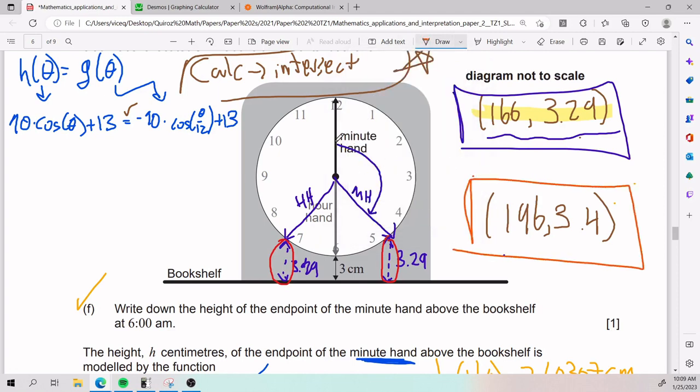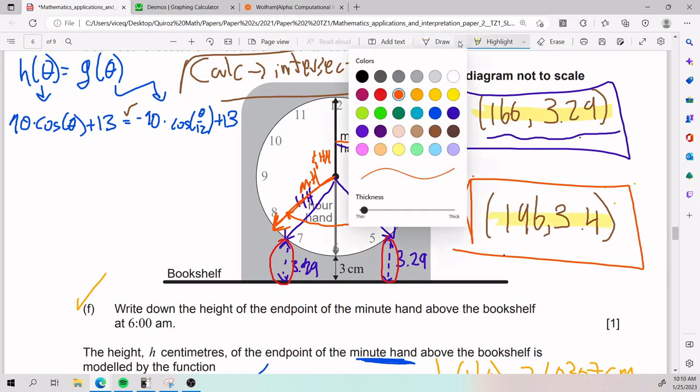So later on, when it reaches 196 degrees, which is going to be, I don't know, way over here, maybe there, my minute hand is going to be here, and my hour hand as well. And so the answer actually is going to be 196, 3.4.